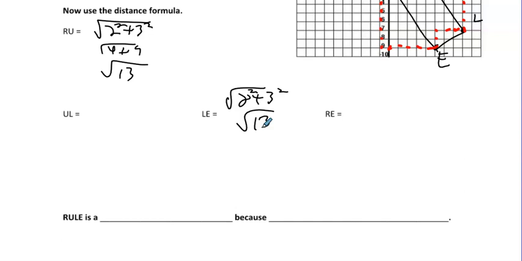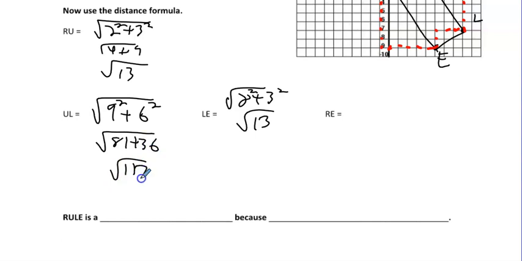Now, here, you've got to be careful. I must do 9 squared and 6 squared, because that's going to give me 81 and 36, and that will give me 117.